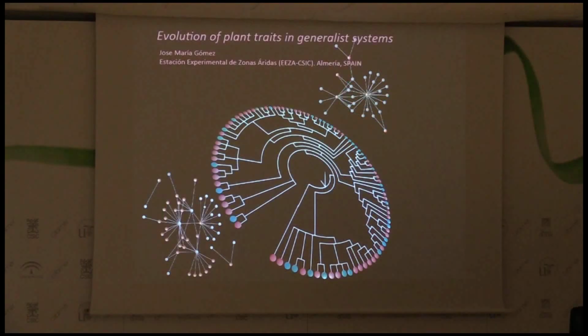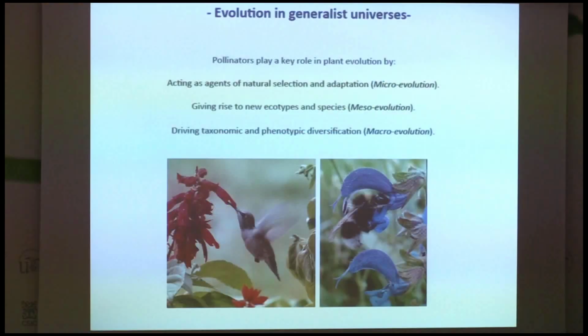Well, we all know that pollinators play a key role in the evolution of plant traits. They may affect, for example, the microevolution of plants, acting as agents of natural selection and provoking phenotypic adaptation.